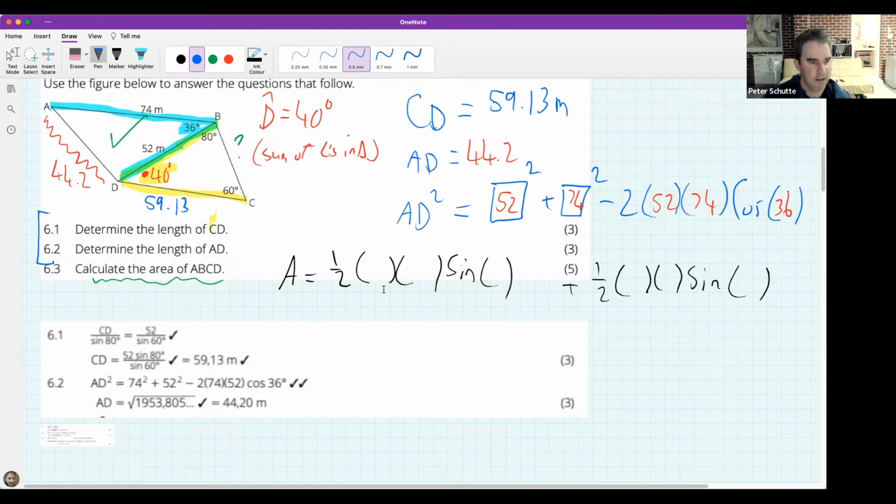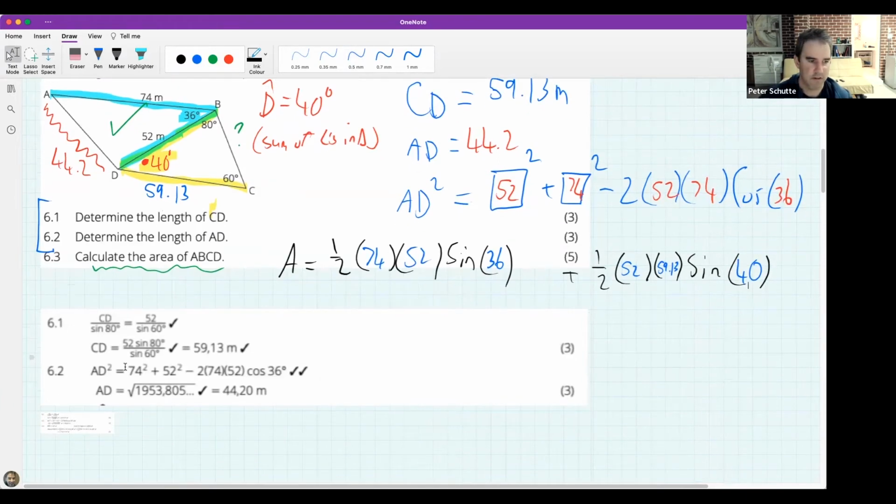It feels to me like 74, 52, that would be 36. Then here it would be, oh, you can kind of see where I'm going. That's going to be 52, 59.13. And then this is going to be 40.